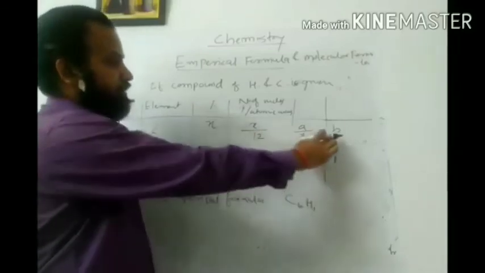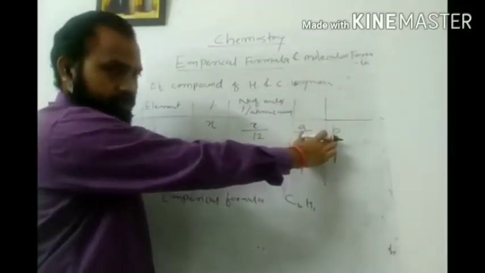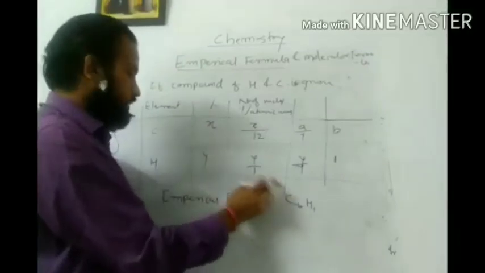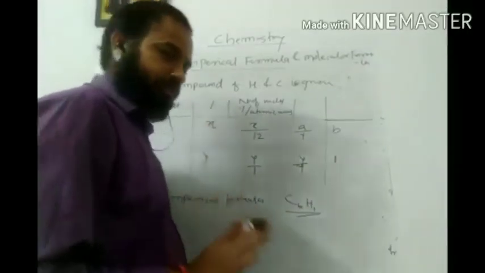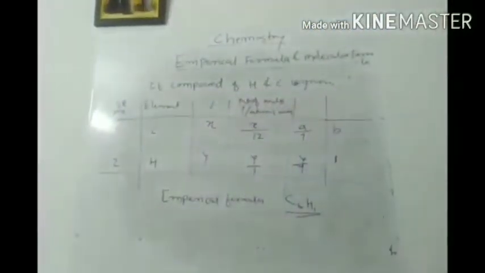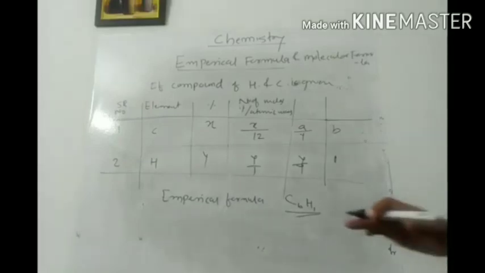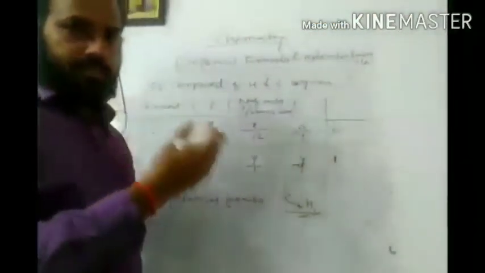In this case, for example, here I am getting B, so I am writing Cb and H1. So this is what your empirical formula is. In this way you can easily write down the empirical formula for any compound given. Further we are going to discuss in our next session. Thank you.